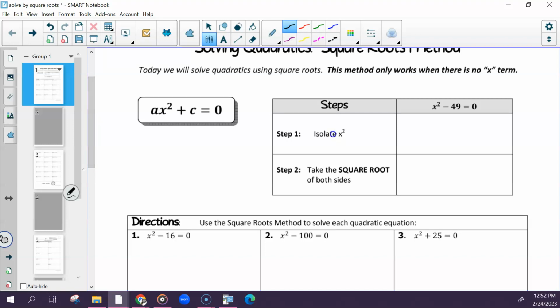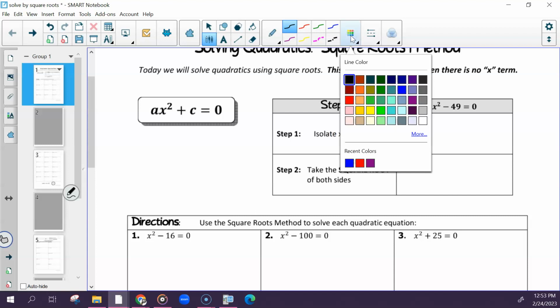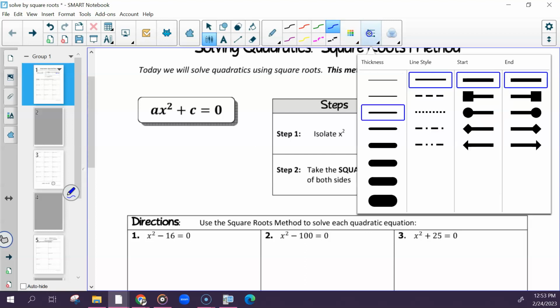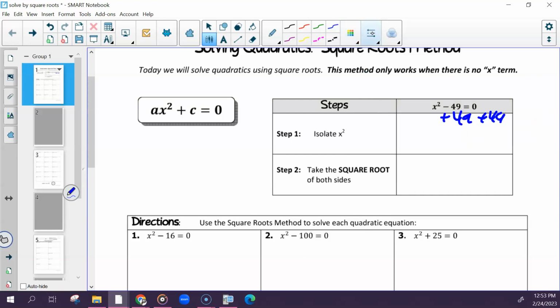So here are our steps. Isolate x squared. What does that mean? Get it alone. So get x squared by itself. Correct. So we will add 49 to both sides, and then take the square root of both sides, which would give you 7.